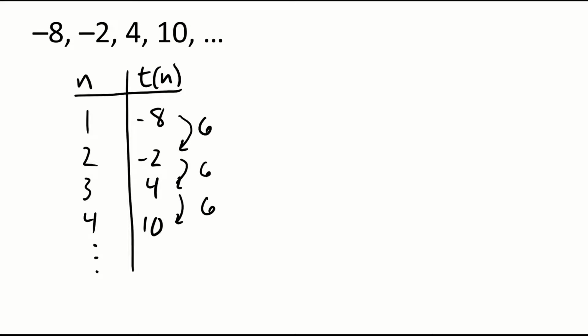When we recognize that we have an arithmetic sequence, we can come up with the explicit equation for this sequence, a way of writing down the value at each term in the sequence given the term number. Pretty much it's exactly what happens with a linear equation. I have a slope of 6, or a common difference of 6.